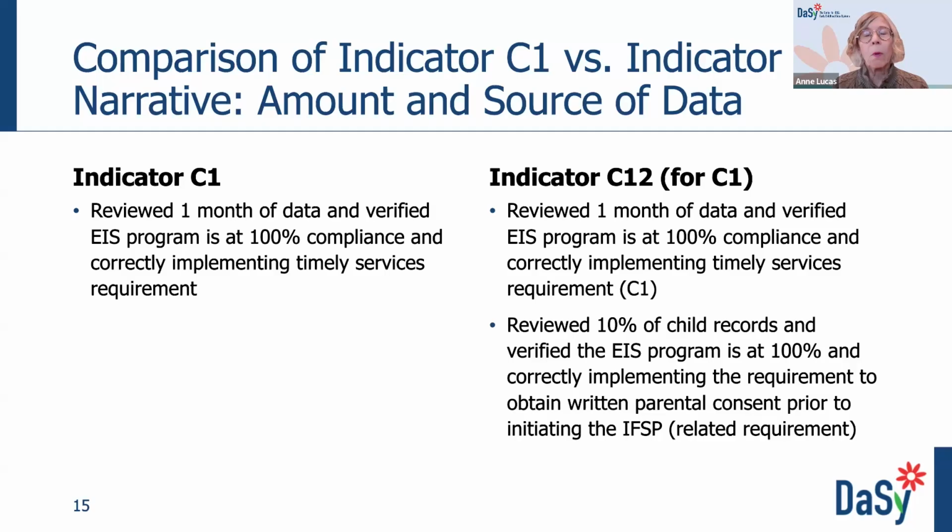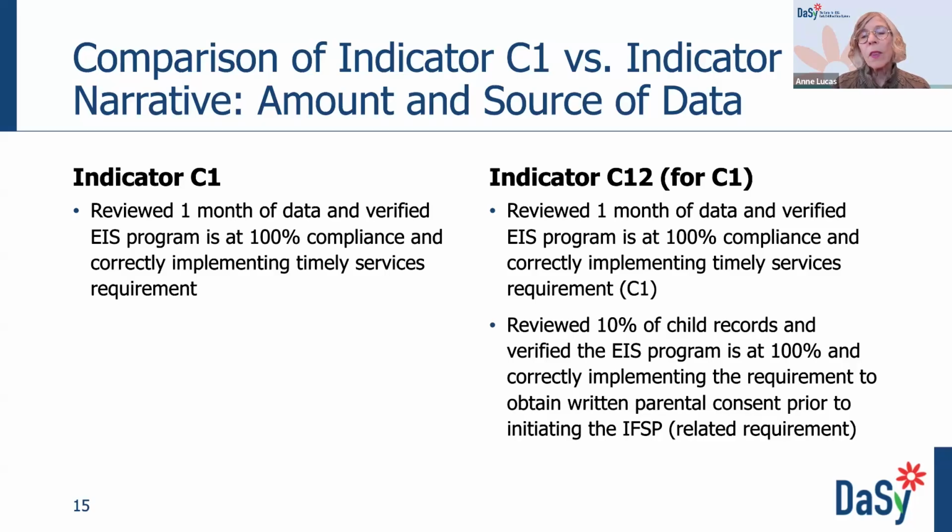And through that pull, you discovered that the program is now at 100% and correctly implementing timely services requirements. You notice the terminology that we use there, 100% compliance and correctly implementing timely services. That is language from OSEP QA 23-01, and it's important that you include language from 23-01 in your description.